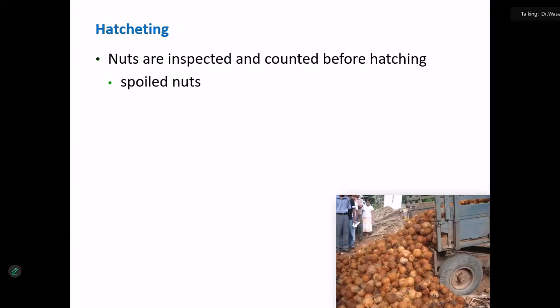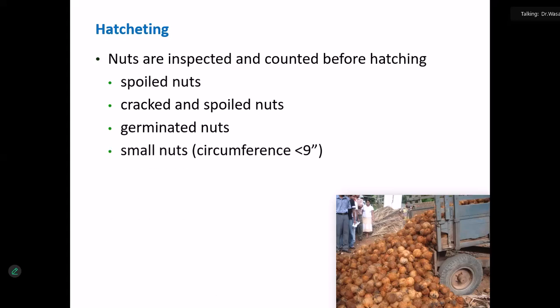Number 1, cracked nuts and spoiled nuts, germinated nuts, and very small nuts, which are less than a certain inches circumference. So please make note of the rejections in DC: cracked, spoiled, germinated, and small nuts.